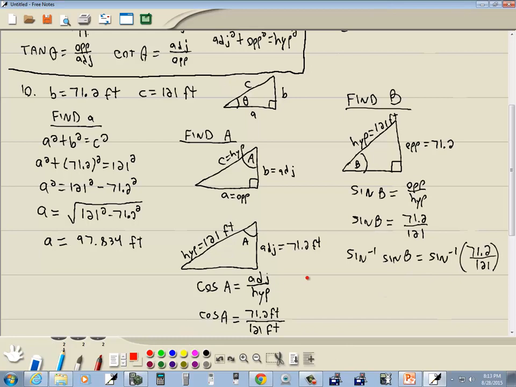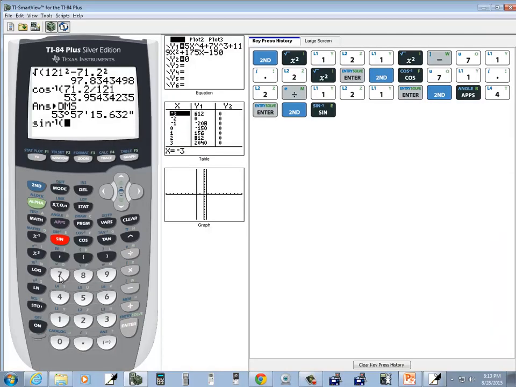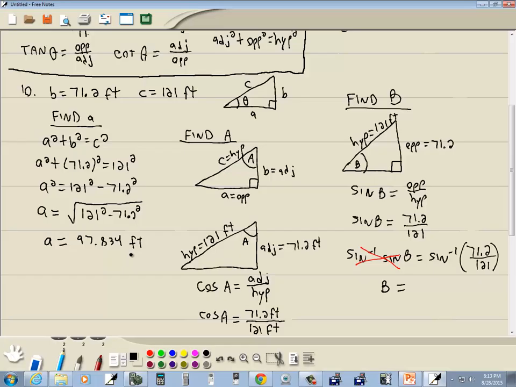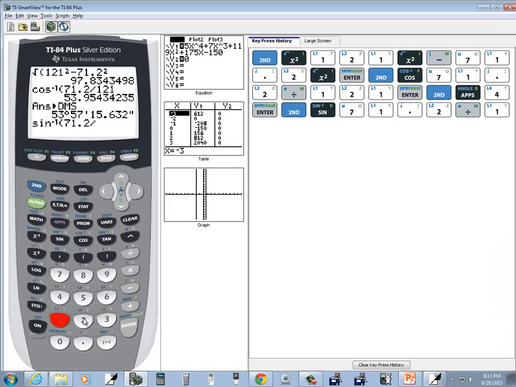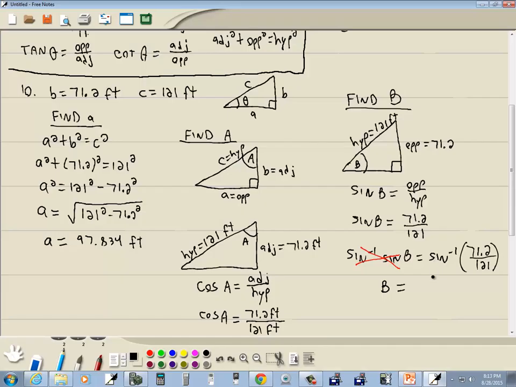Reason why we take inverse sine is, again, inverse sine and sine are going to cancel each other. And we got B is equal to inverse sine, so I'll do second sine, 71.2 divided by 121. And then press enter. It tells us take it to the 10-minute mark.